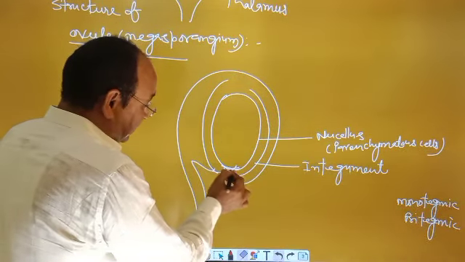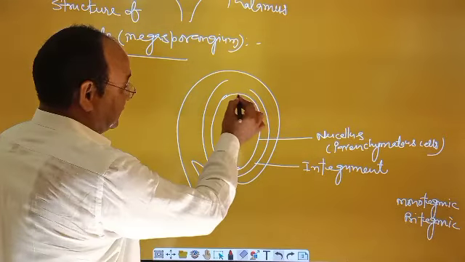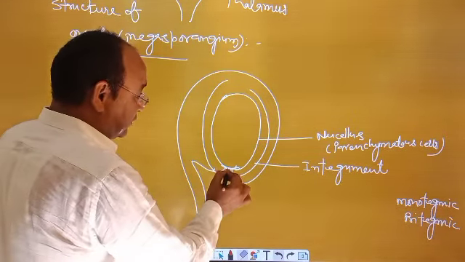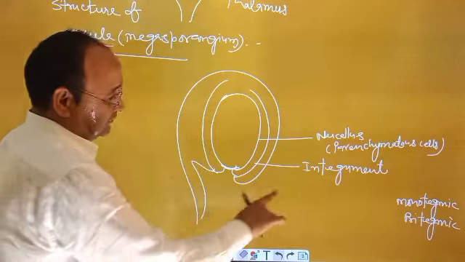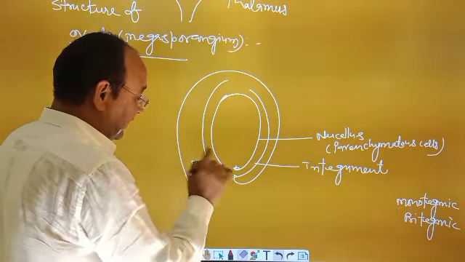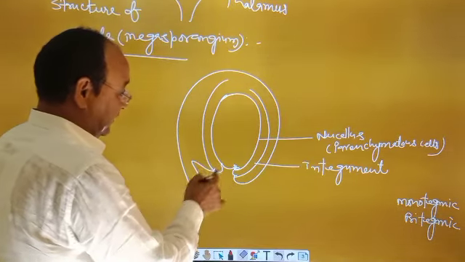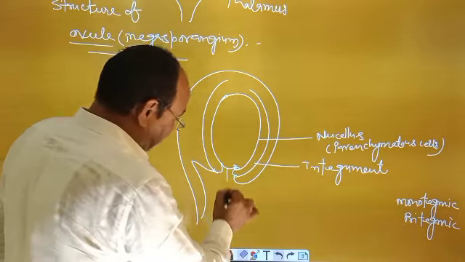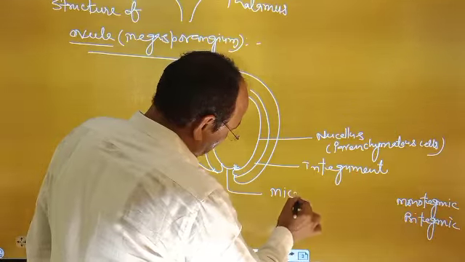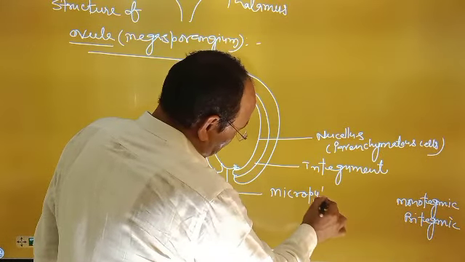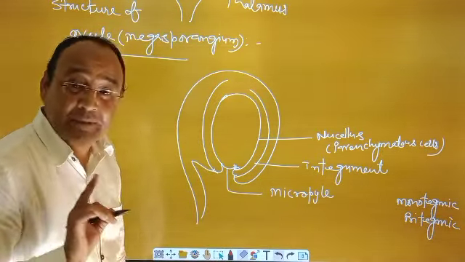Simply look at this part. It is a part of nucellus which is not covered by integument. ये nucellus का part है जो integument से covered नहीं है. This part is known as micropyle.